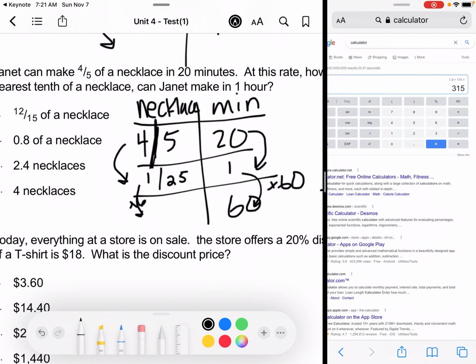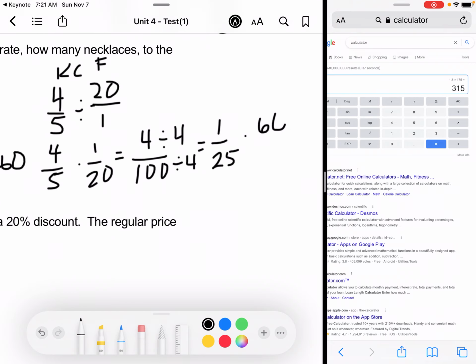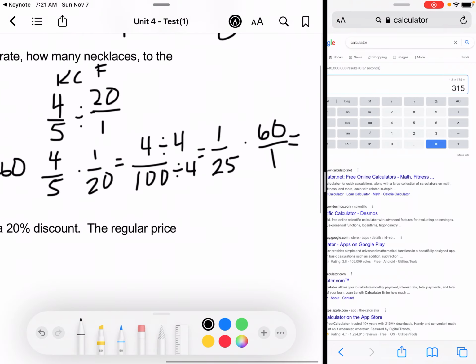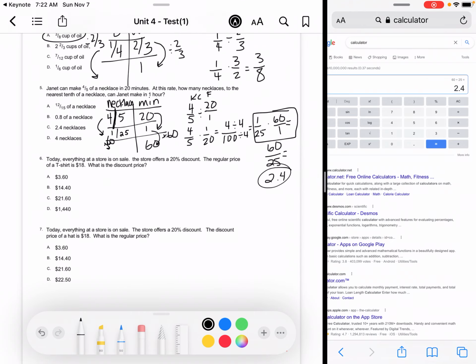Because there are 60 minutes in an hour. So I get 60 over 25, because I'm dealing with just this part right here. So 60 divided by 25. I get 2.4. So she can make 2.4 necklaces in 1 hour.